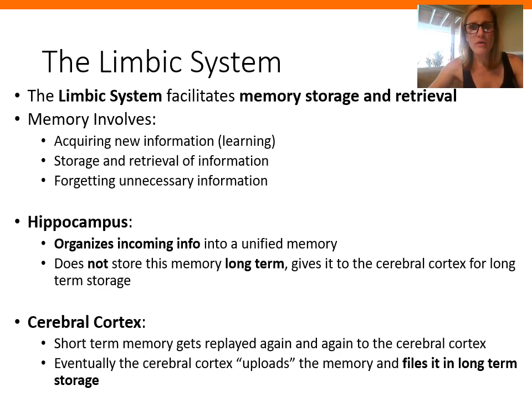Now, memory involves more than just having access to your past. In order to form a memory in the first place, we have to acquire new information, and we call that learning. So really the first step in memory is learning, right? Acquiring information from what's happening around you and compiling that into a unified sequence, something that makes sense.